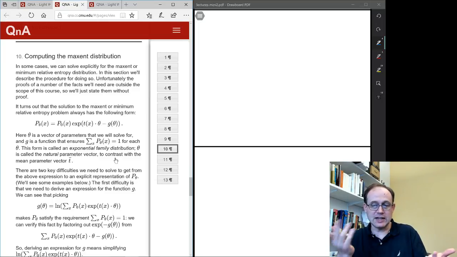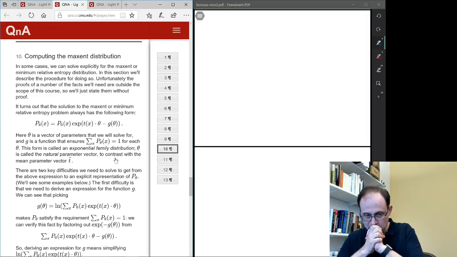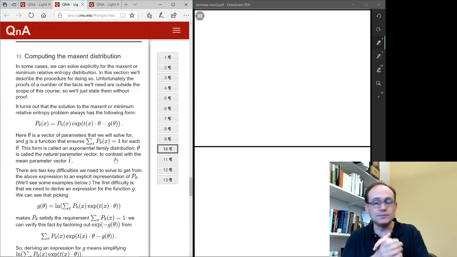Let's say x and x squared, right, or cosine x, or e to the x, right? Like there's a whole bunch of features we could possibly use, but let's say we fix a vector of features. And now what we'd like to do is figure out, of all of the distributions over those 10 outcomes, the integers 1 to 10, and out of all of those that have the requested vector of moments, which one has maximum entropy.